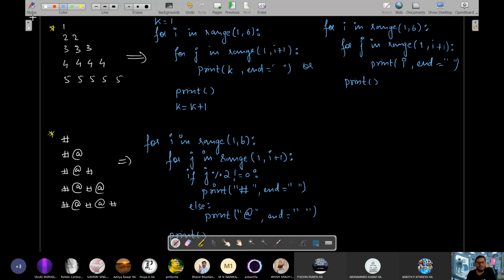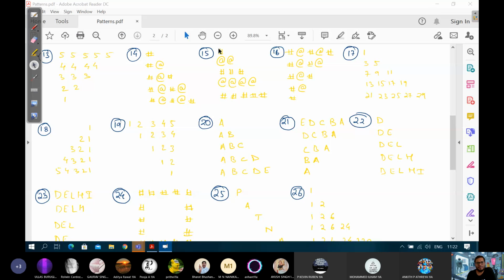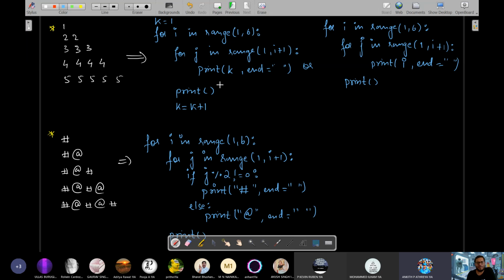So here what you will do, in the same program, instead of j, if you change to I, you will get the 15th one. Got it, sir. Got it? Yes. Okay. Then this one is a form of this same thing, just the loop that you write in a similar pattern, you change it to any of those, inverted 8 or whichever, and then you apply this logic. Yes, sir.